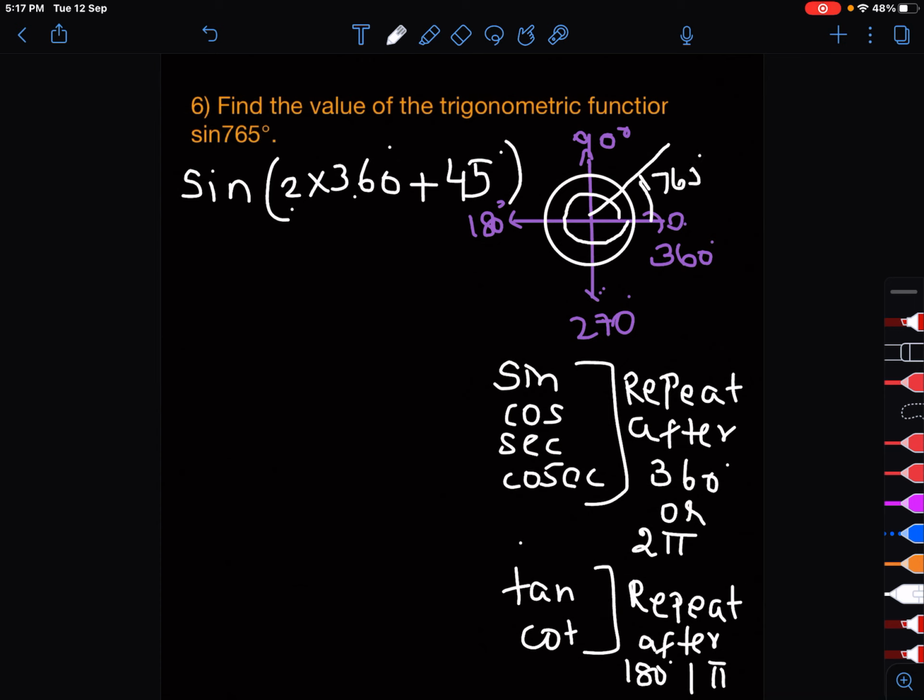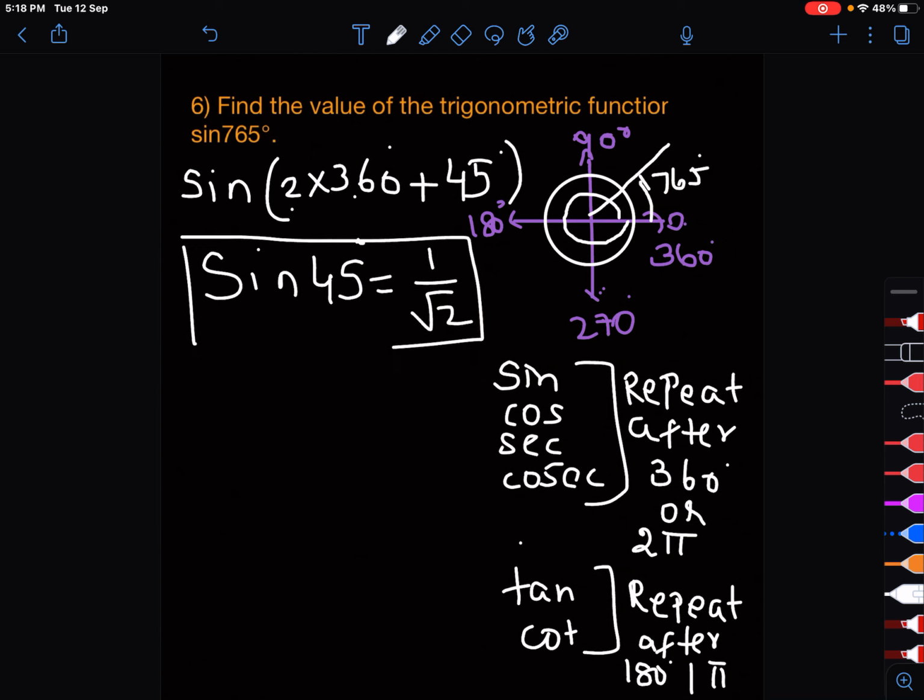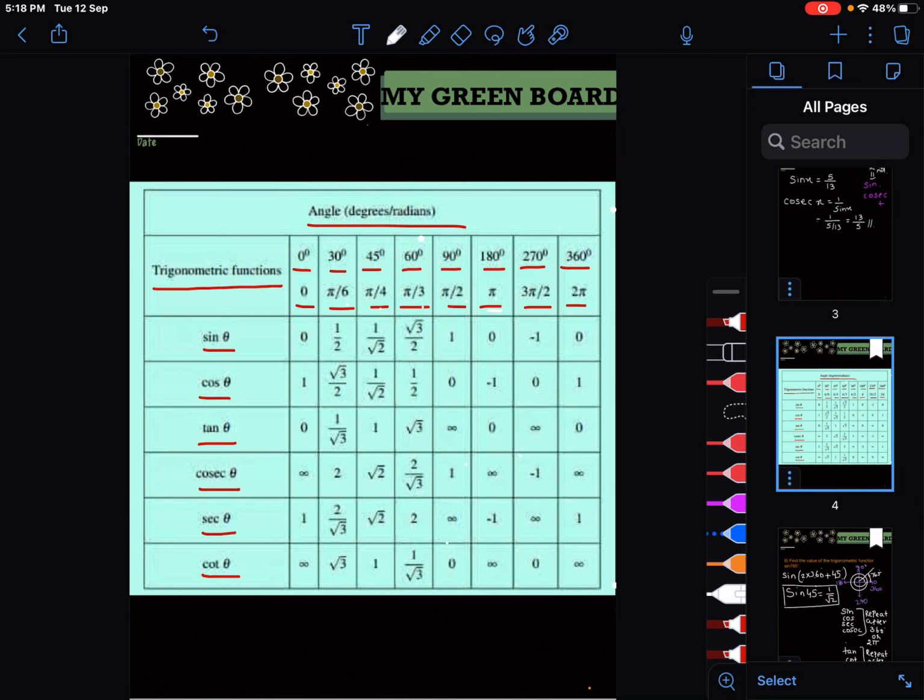So since all are positive, your answer would be sine 45 is equal to 1 by root 2. This will be your answer because we know sine 45 is 1 by root 2 from this table. Got it, children?